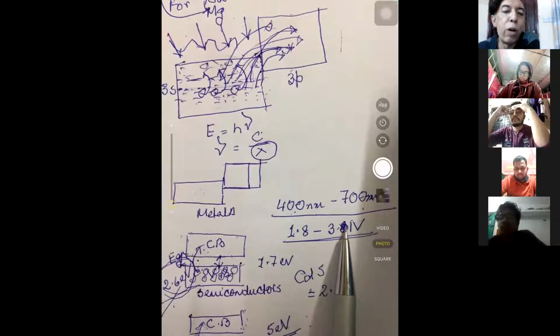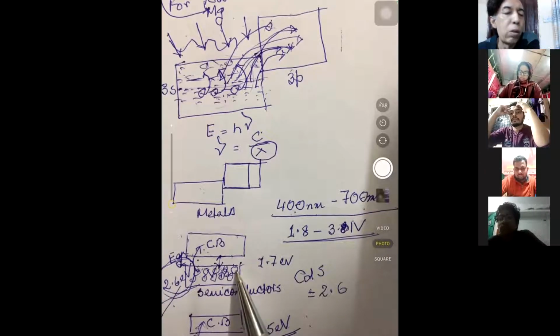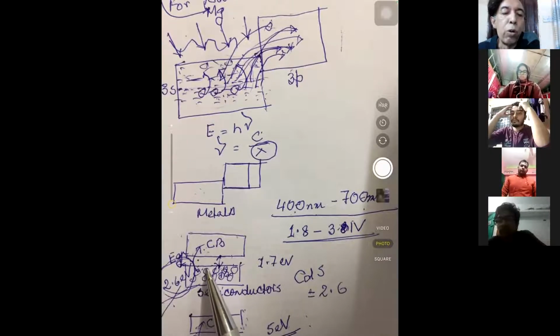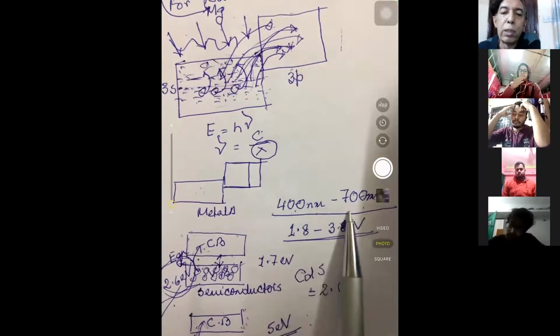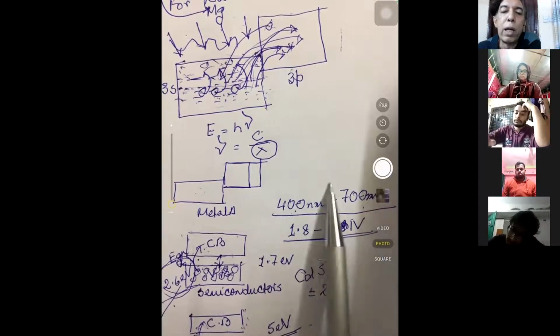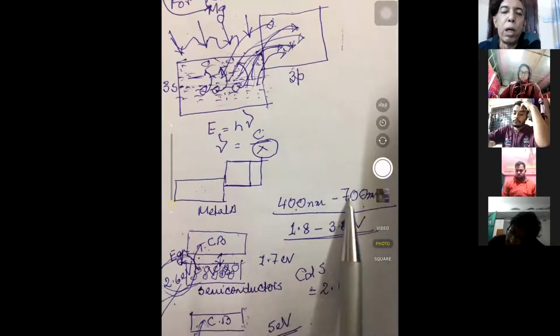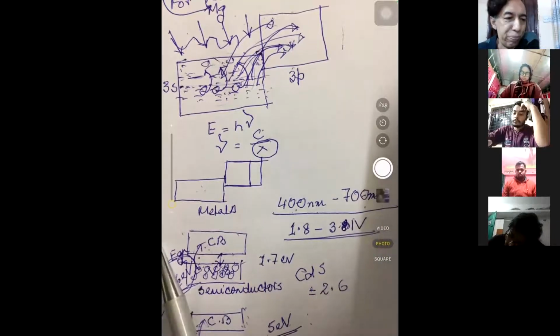It will be absorbed by this electron, and this electron will go from valence band to conduction band. But this 700 nanometer energy wave will not be absorbed.